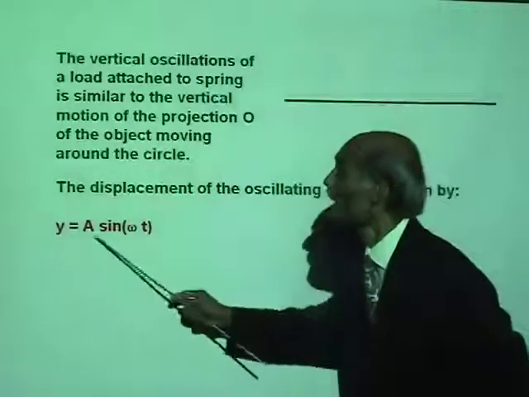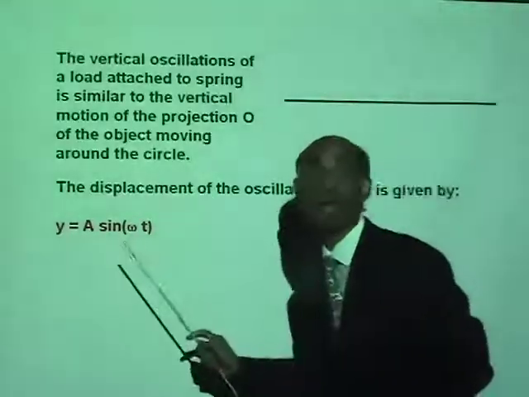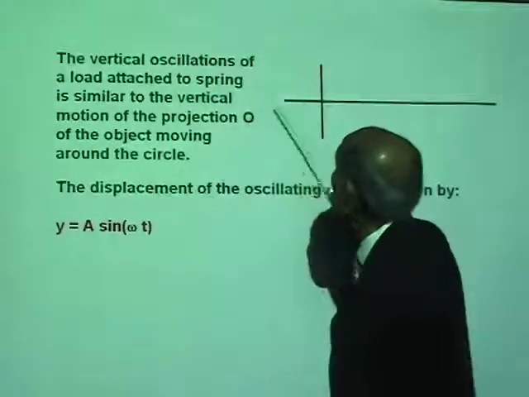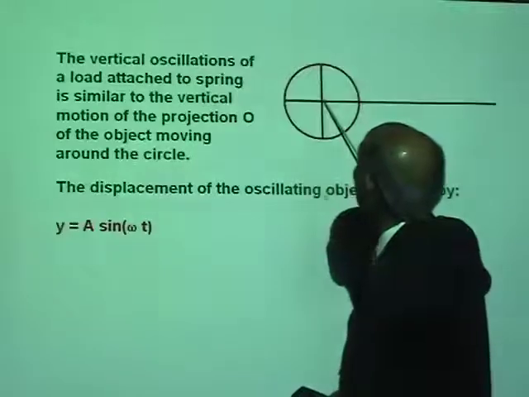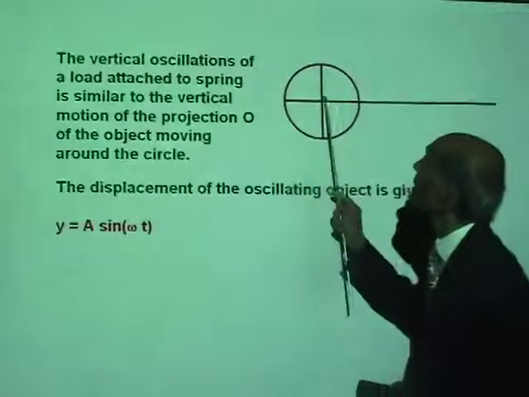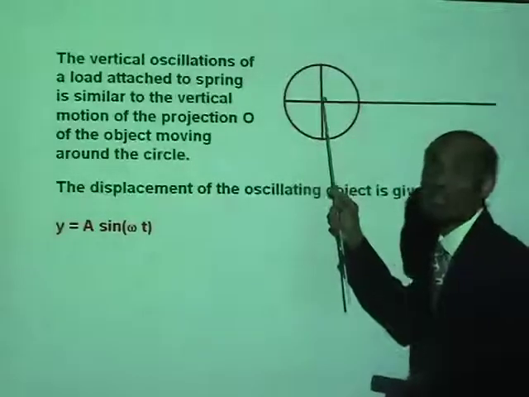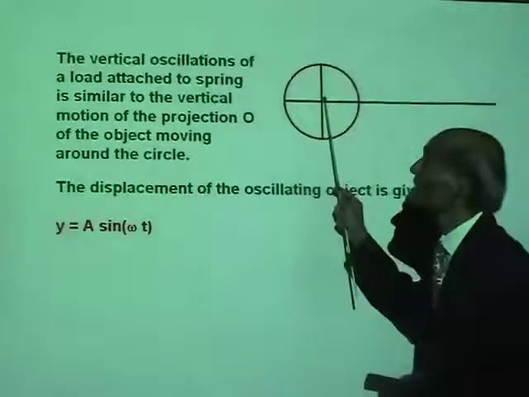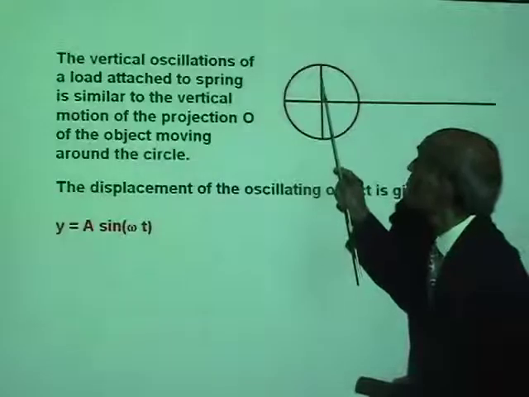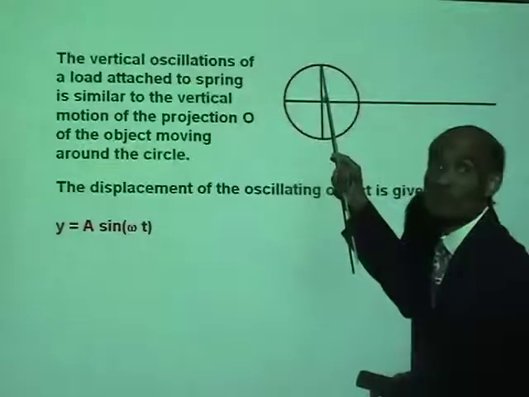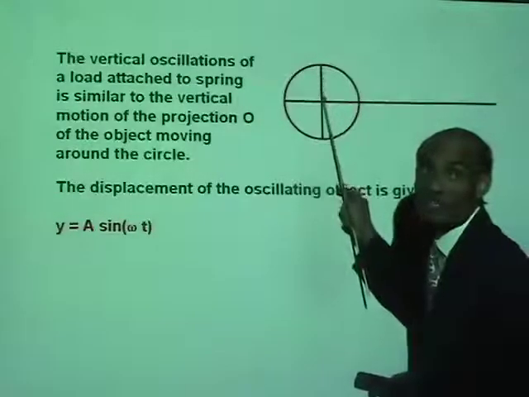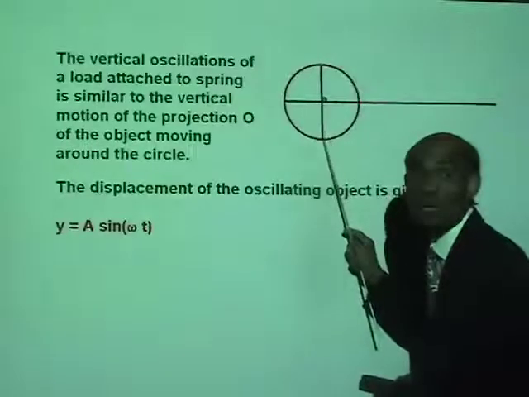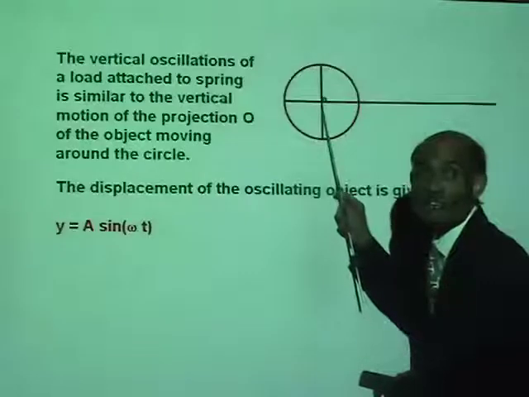Now, can you draw a graph of that, a sine graph? The displacement is given by a sine omega t, and the graph therefore will be at t equal to 0, the object is at the origin, and as t increases, the displacement increases to a maximum, it decreases to 0, it decreases to a negative minimum, increases to 0.